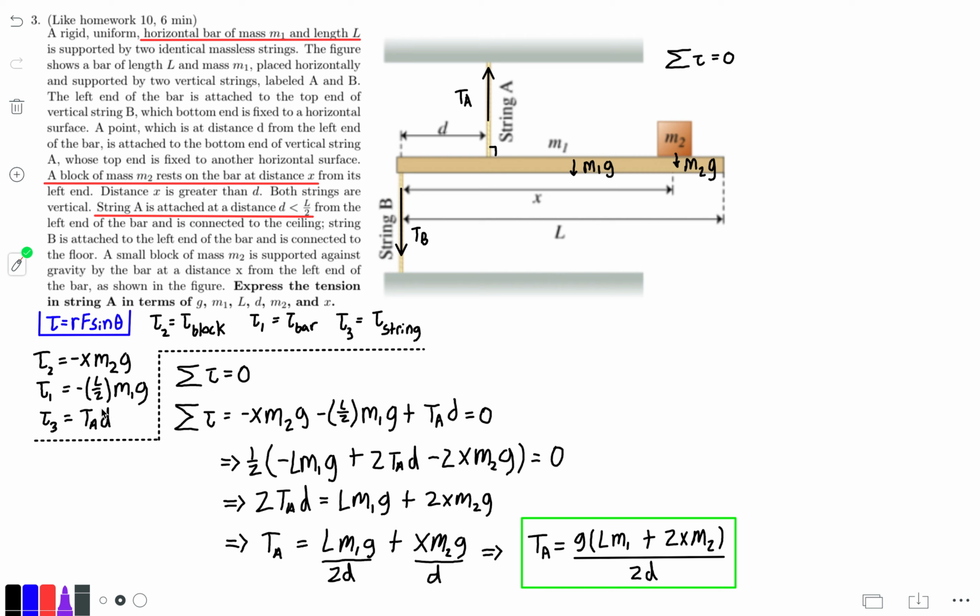Using these torques, we can find the sum of them and set that equal to 0. Since we're using the force of tension from string A in our torque, we can use that to solve for that tension.